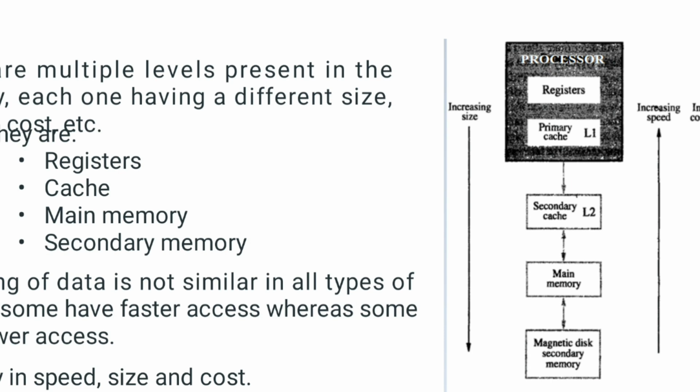So next we have main memory, that is primary memory, and secondary memory, for example hard disk. So the whole of the memory is not provided in a single unit, but in multiple units as primary and secondary memories. Secondary memory, for example hard disk, is a permanent storage device, non-volatile.